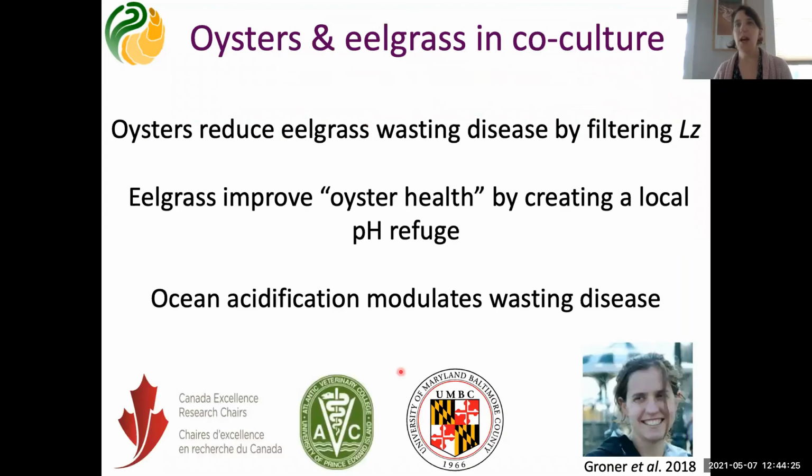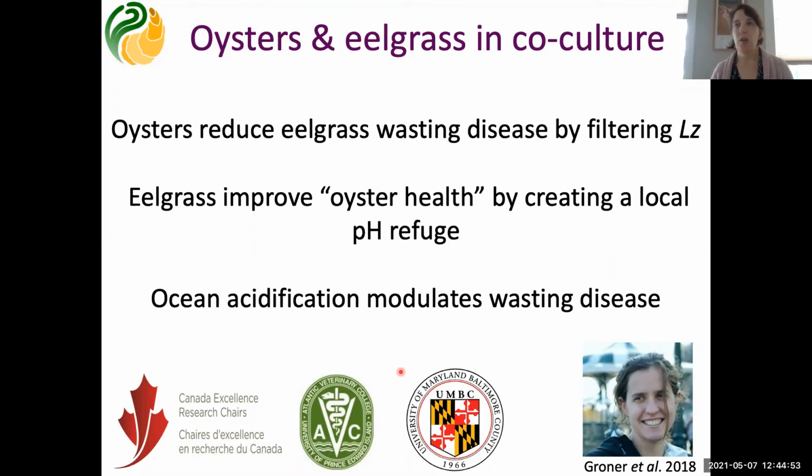And the first trial was originally a pilot study, with some funding that Maya Groner received and I was a collaborator on. It was to look at whether oysters reduce wasting disease by filtering LZ, whether eelgrass improves oyster health by creating a local pH refuge, and also whether ocean acidification modulates wasting disease.